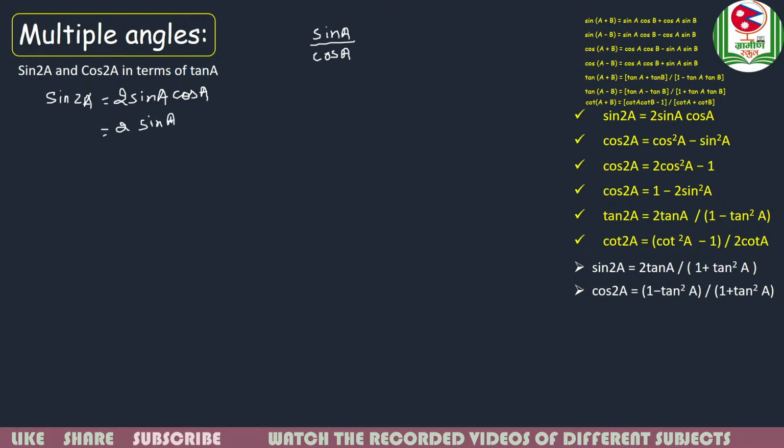So sin A upon cos A. As we have divided this product by cos A, we will also multiply with another cos A, so this is going to be balanced. So the result will be 2 tan A into cos A into cos A, that is cos square A.